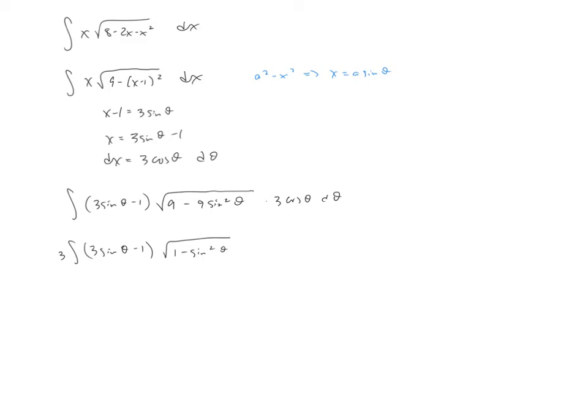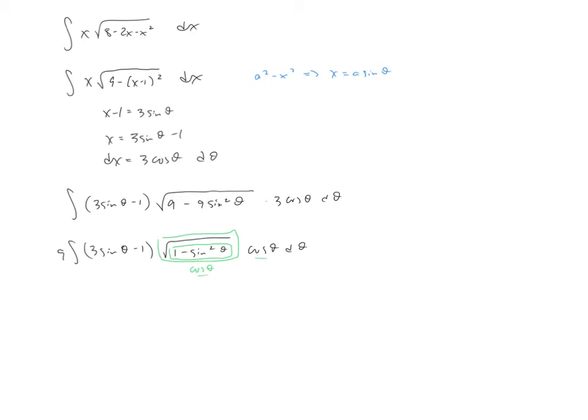And then this 3, I'm also going to pull it out here. Well, let's just change that to a 9 at that point. There we go. And then we'll have our cosine theta d theta off the end. Okay, so remember, this guy right here gives us cosine squared. Underneath the radical, that's going to give us a cosine theta, which I'll be able to then combine with that one there.